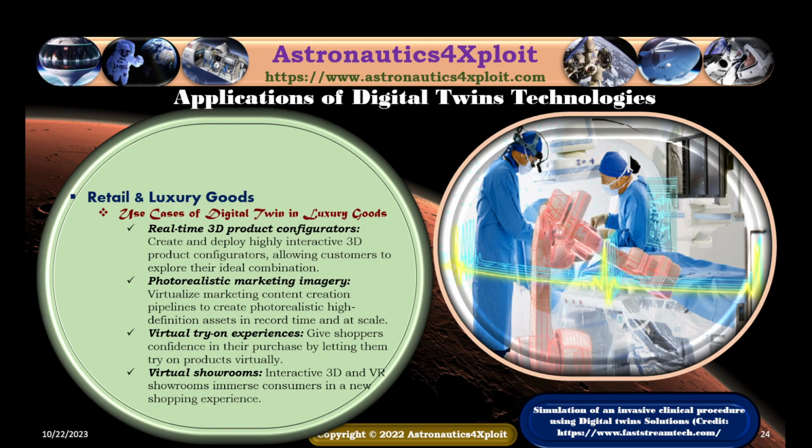Use cases of digital twin in luxury goods are real-time 3D product configurators, photorealistic marketing imagery, virtual try-on experiences, and virtual showrooms. Simulation of an invasive clinical procedure using digital twin solution is shown in this picture.